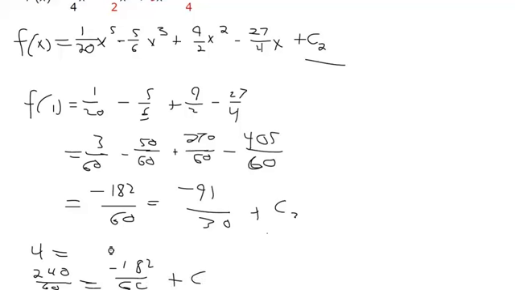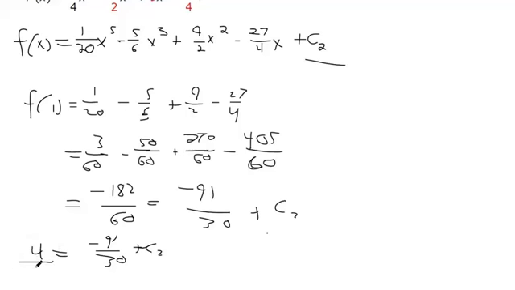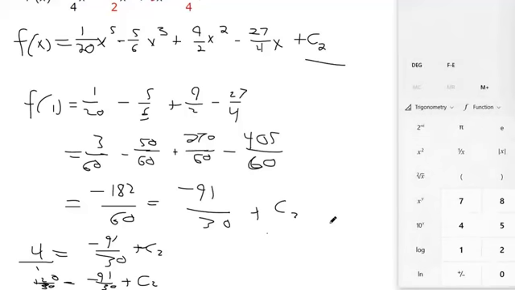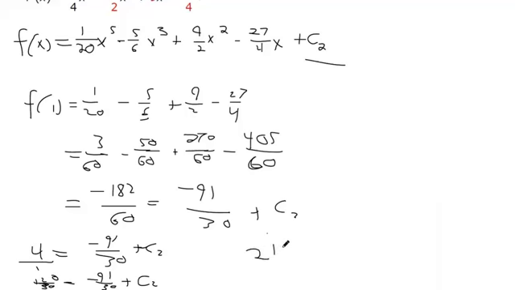It's just too much going on. So this is -4 equals -91 over 30 plus c sub 2. To get common denominators, we need to multiply the top and the bottom of this fraction by 30. So that's 120 over 30 equals -91 over 30 plus c sub 2. So add that 91 over 30 to both sides. We got 211 over 30 equals c sub 2.